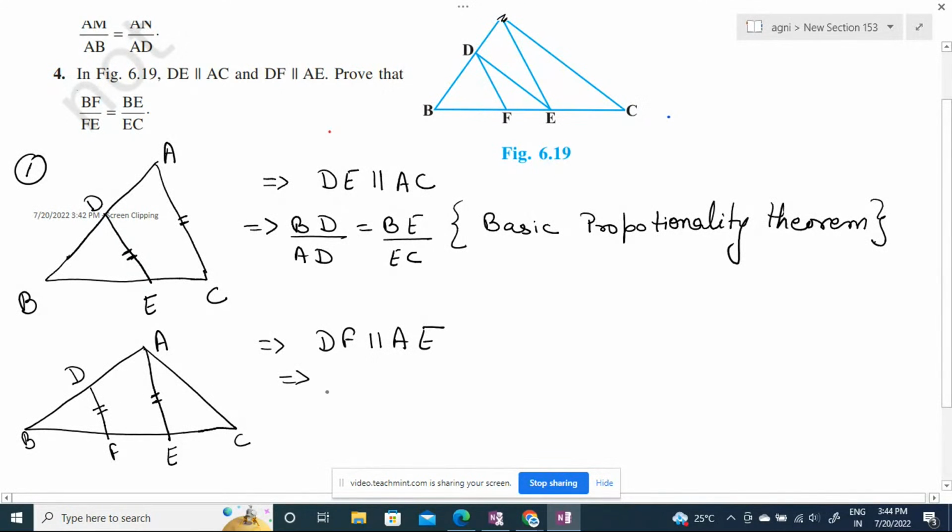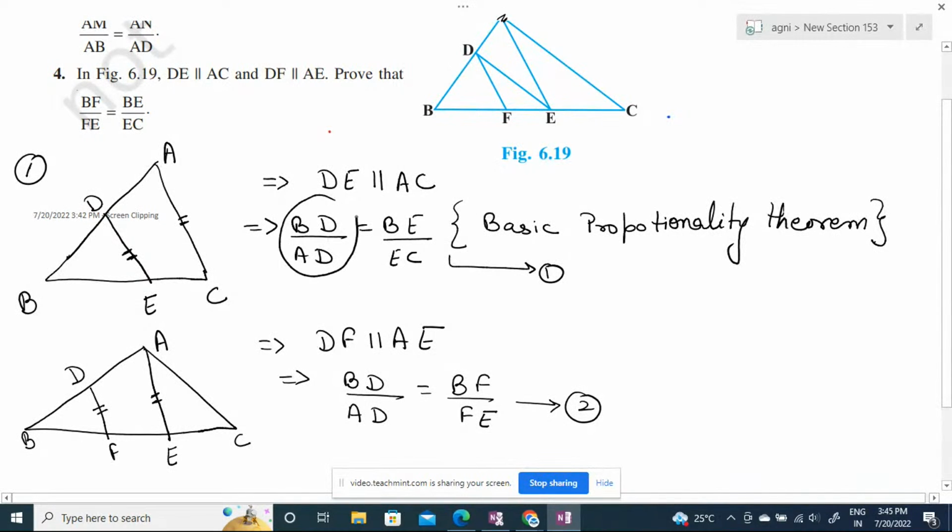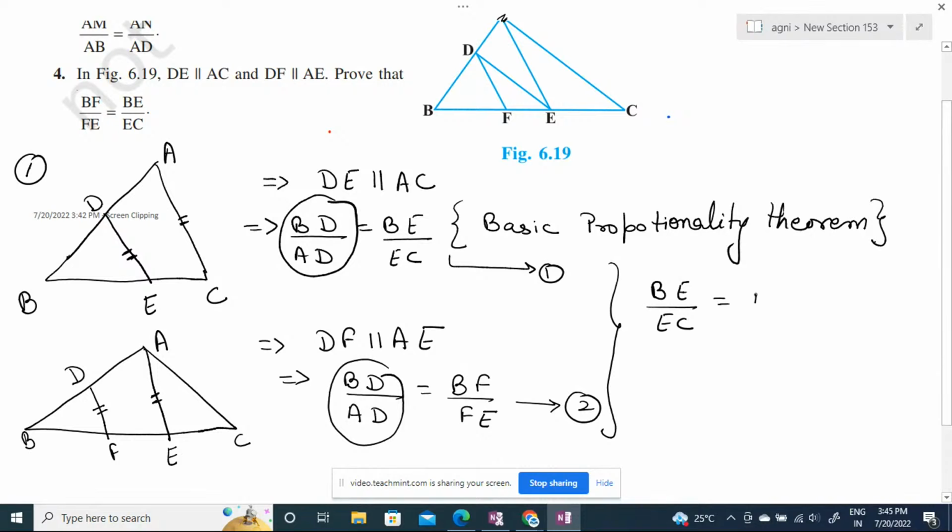So, we take two sides BD over AD, and for AE we have BF over FE. So now comparing equation number 1 with equation number 2, we can see BD over AD is there and also BD over AD is there. So comparing both of them, we get BE over EC, which is equal to BF over FE. So that is proved.